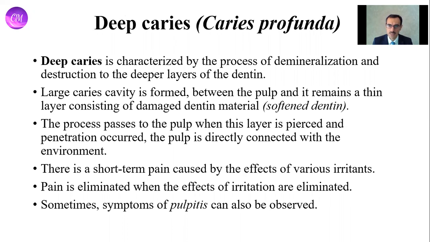When this layer is pierced and penetration occurs, the pulp is directly connected with the environment. There is a short-term pain caused by effects of various irritants. Pain is eliminated when the effects of irritation are eliminated. Sometimes symptoms of pulpitis can also be found here.